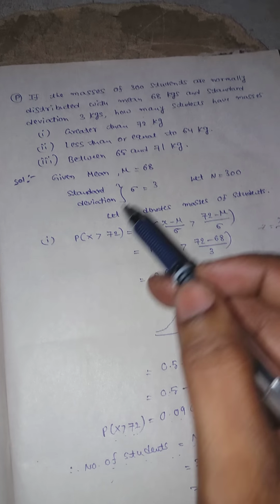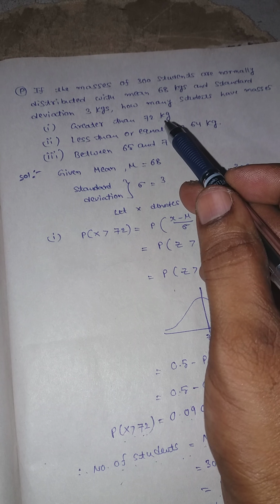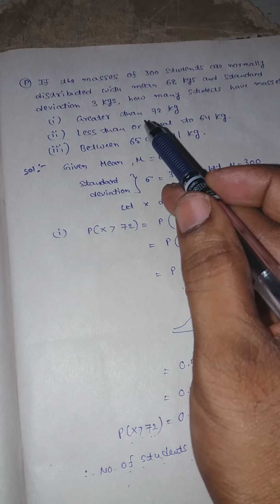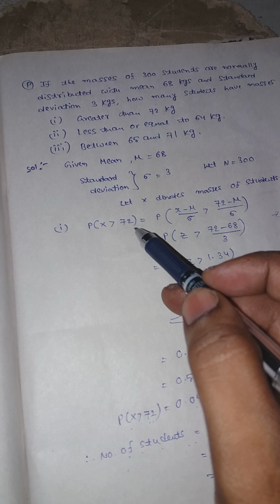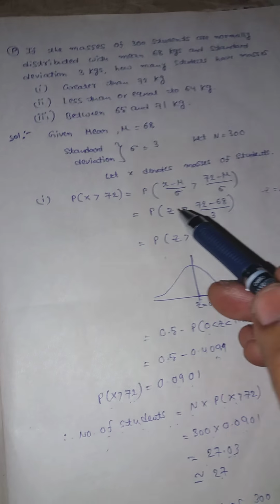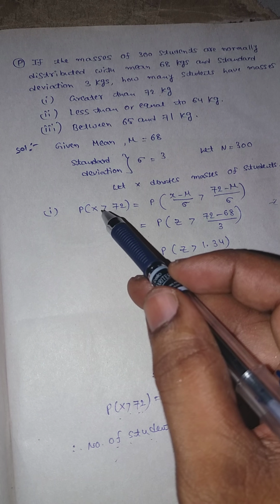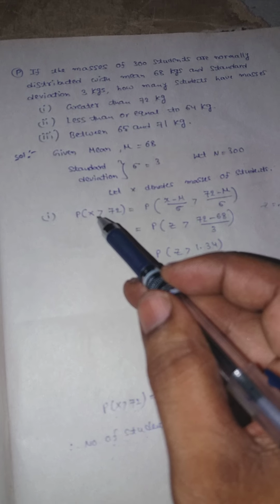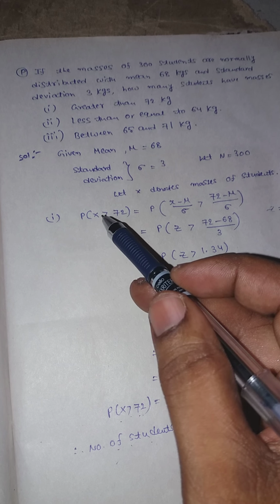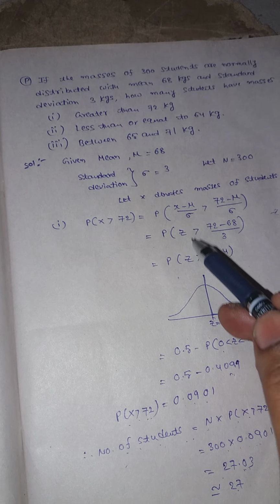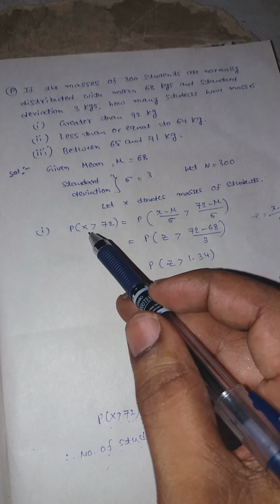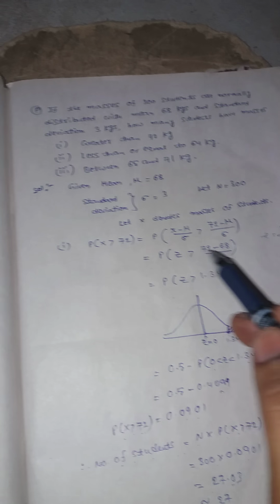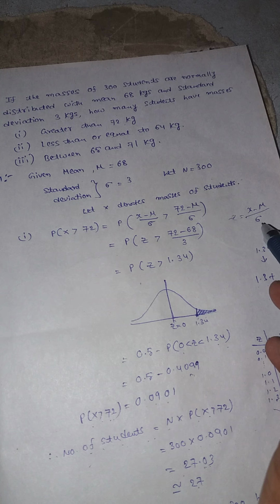First find the probability. The notation for the first bit is P of X greater than 72. Here X represents the normal variate. In normal distribution, to find probabilities we have to convert X into Z, which is called the standard normal variate, using the formula Z equals X minus mu by sigma.